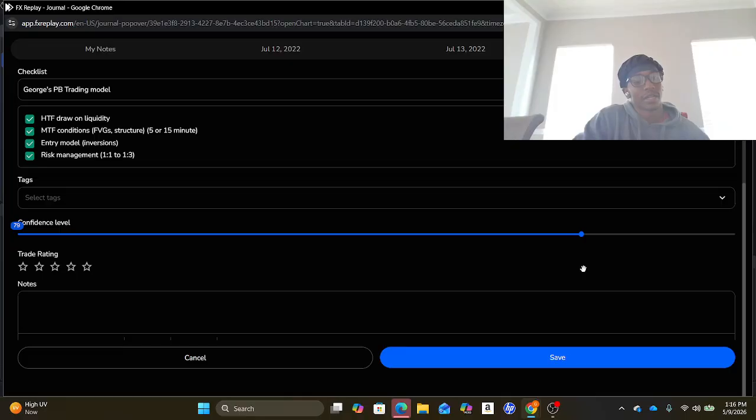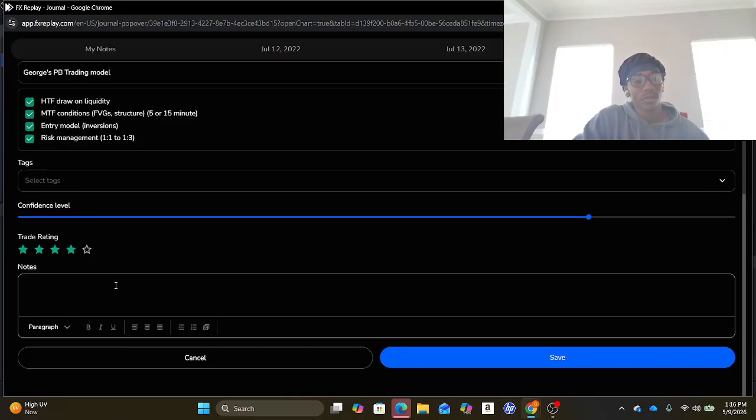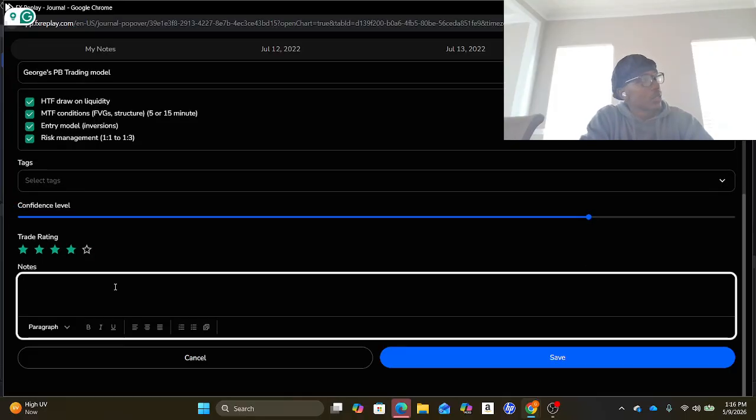I must give this an 80 because it was unsponsored. And now all I'll write is great, ETF structure, market maker sell model.